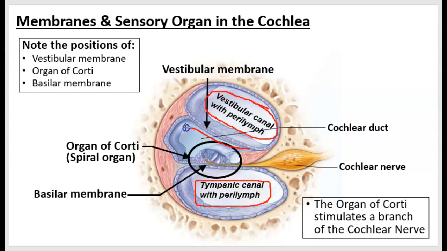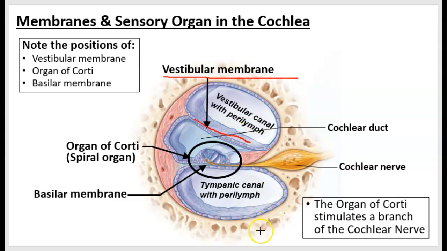And then we know the cochlear duct is in the middle, and the cochlear duct contains endolymph. That's what we know so far. Now the new stuff. The membrane between the vestibular canal and the cochlear duct is called the vestibular membrane, right here. The membrane between the tympanic canal and the cochlear duct we refer to as the basilar membrane.